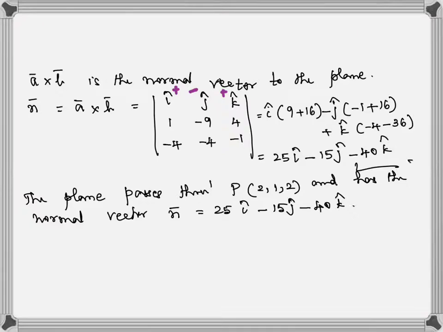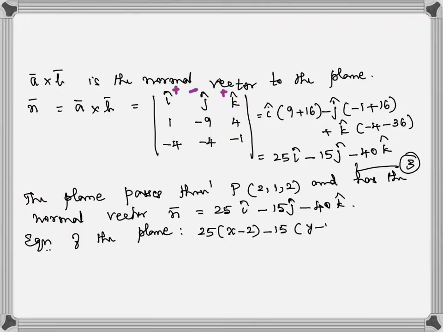As we mentioned earlier, the equation of the plane would be a times (x minus x0), plus b times (y minus y0), plus c times (z minus z0), equal to 0. Here (x0, y0, z0) is (2, 1, 2). So it is 25 times (x minus 2) minus 15 times (y minus 1) minus 40 times (z minus 2) equal to 0.